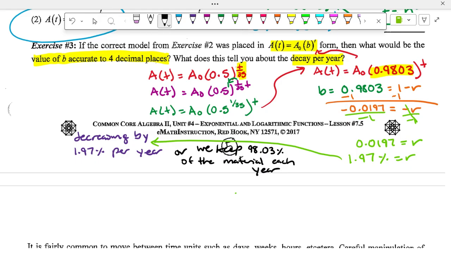So guys, in other words, say we had 100 grams of material. We lose 1.97%, so we lose 1.97 grams of it. So what we're left with is 98.03 grams, because that's 98.03% of that number of grams. Does that make sense? Kind of, sort of, maybe. So this is what we're actually decreasing by. This is how much we're actually retaining. They go hand in hand. If you add them up, it equals 100.